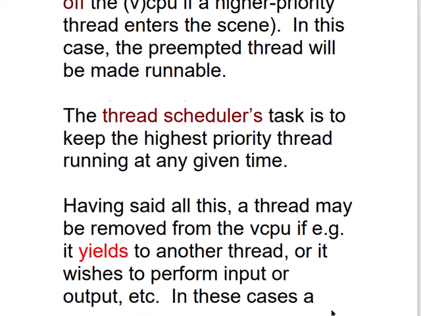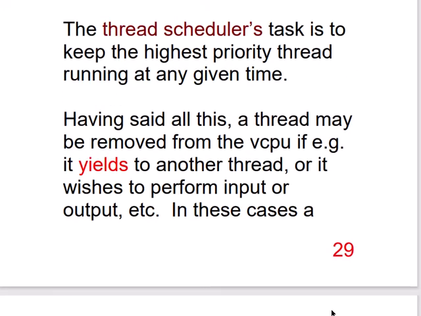And the thread scheduler's task is to keep the highest priority thread running at any given time. So having said all this, a thread might be removed from the virtual CPU or the CPU if, for example, it executes its yield method, which simply means that it gives way to any other threads on the ready queue, or it might be booted off the CPU if it wants to perform input or output.